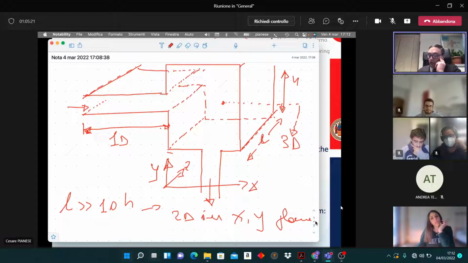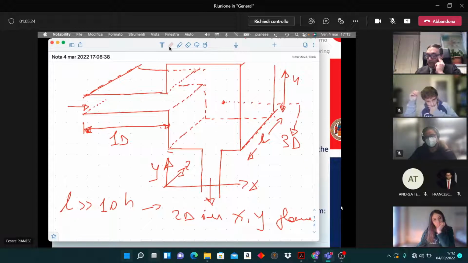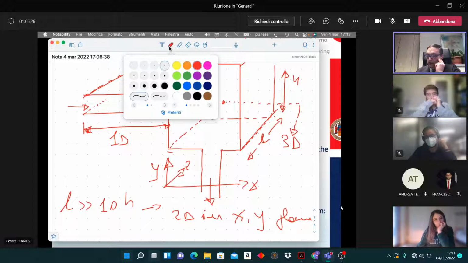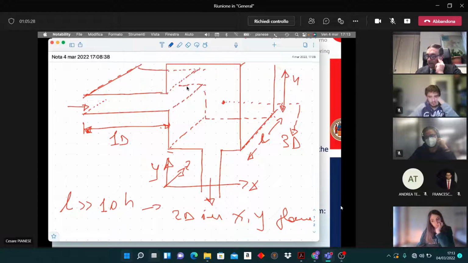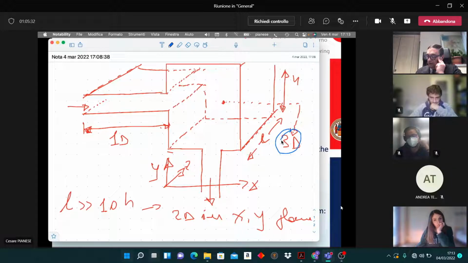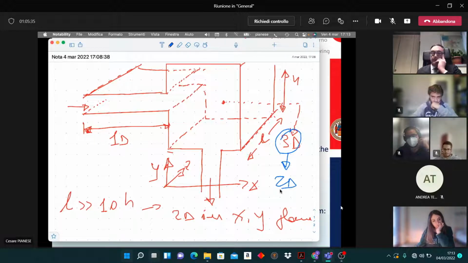Okay, so you can simplify the problem from a 3D to a 2D problem. Okay, here will be 1D, for example.